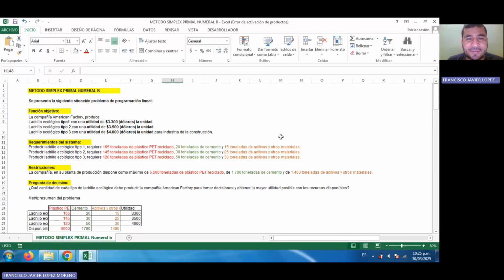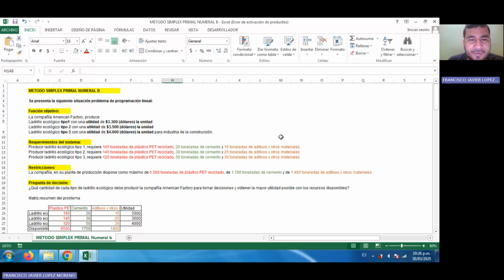American factory company, which states that it produces ecological brick type 1 with a utility of $3,300 per unit. Also ecological brick type 2 with a utility of $3,500 per unit.